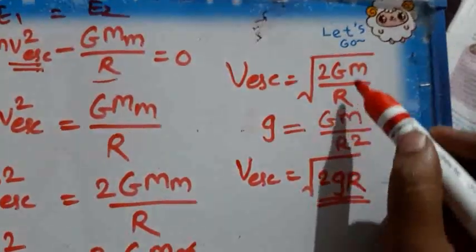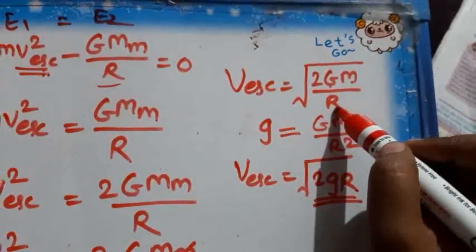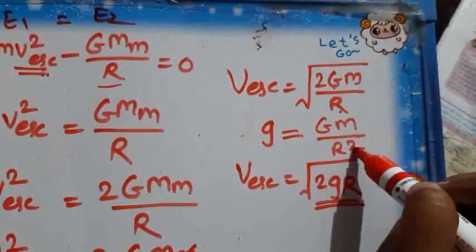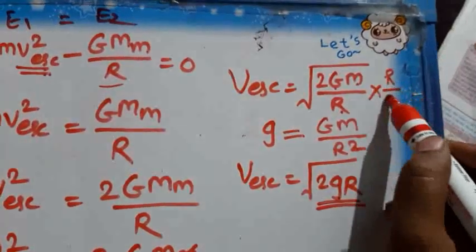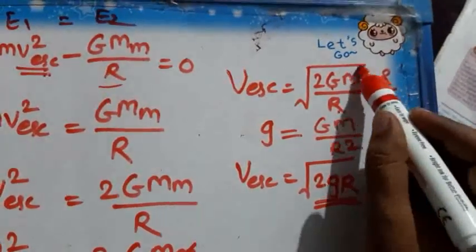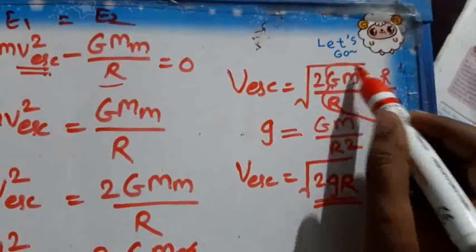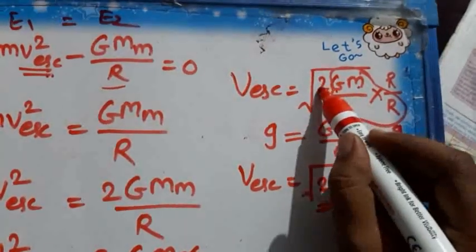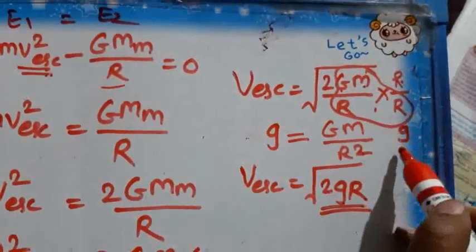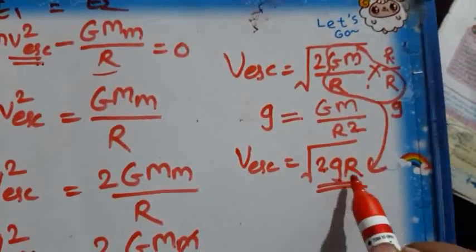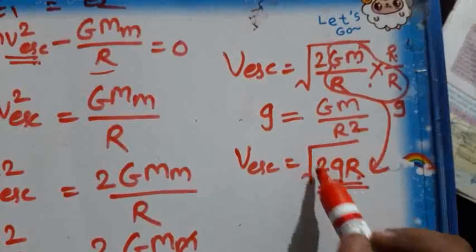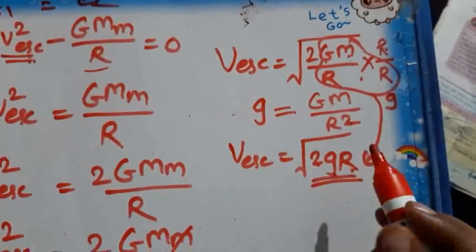Out of this, GM divided by r is there. Only one r is missing. So if we multiply and divide by r, then this term will become g. So 2g and r. In this way, this formula comes as 2 acceleration due to gravity into r, whole under root.